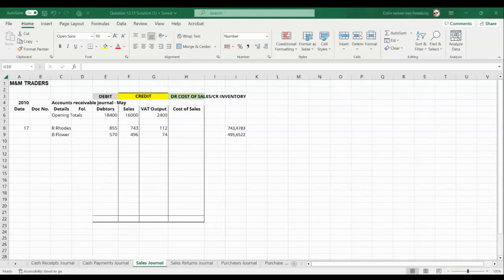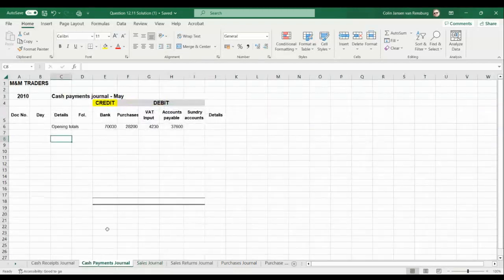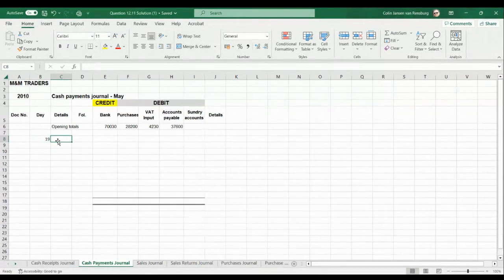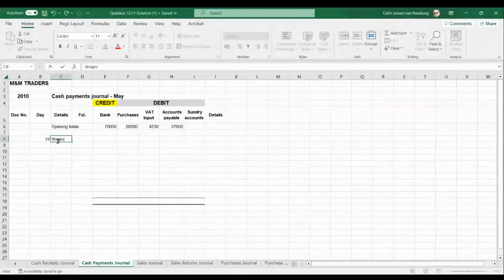Okay, so we now have identified the journal. Let me just go back and see what the amount was. 4,500. So we go to our cash payments journal, right? Let's say this was on the, let's make it the 19th, just to have a date. This will be for our wages.